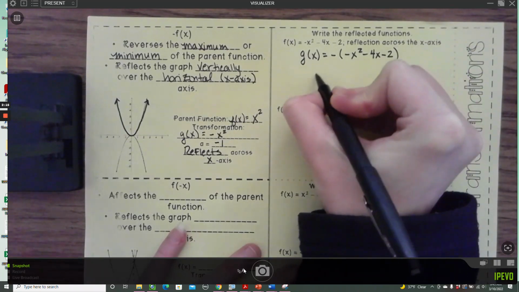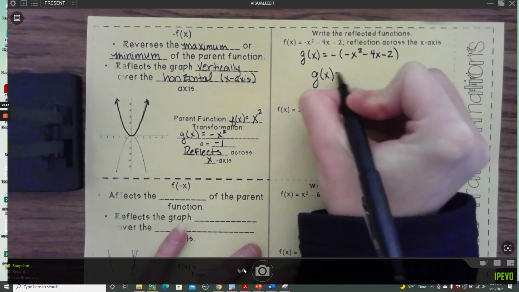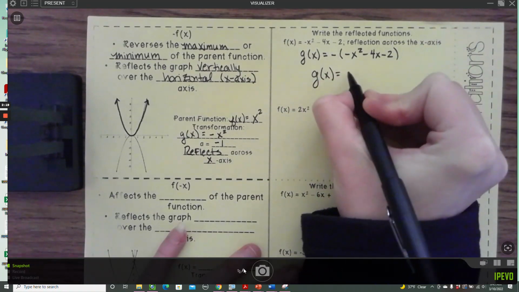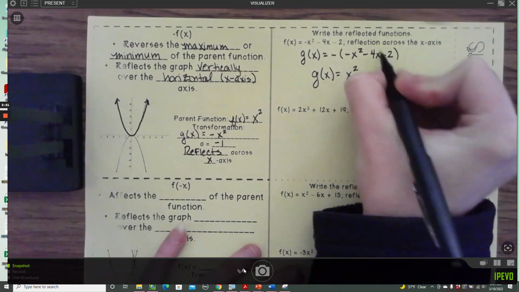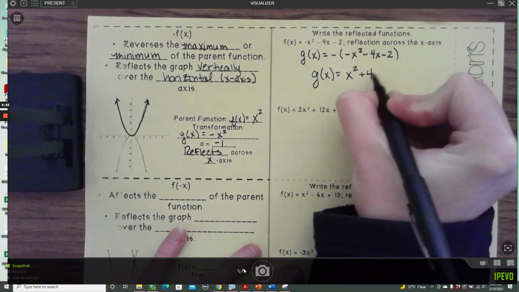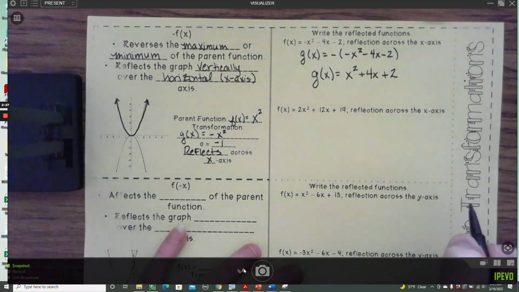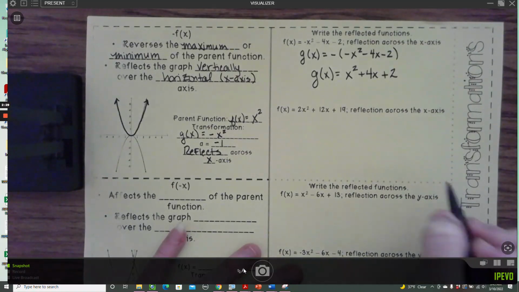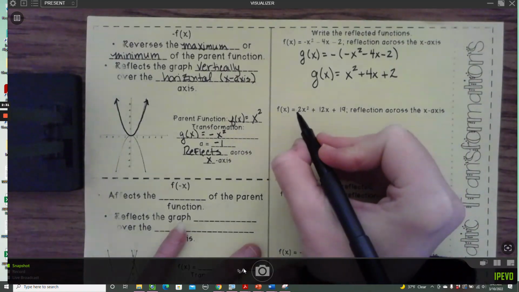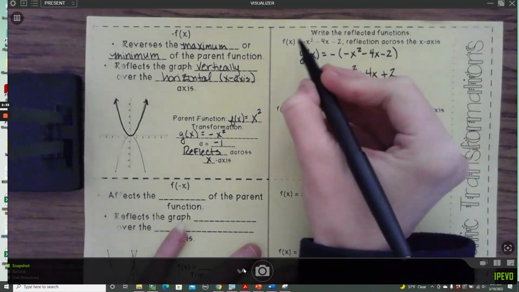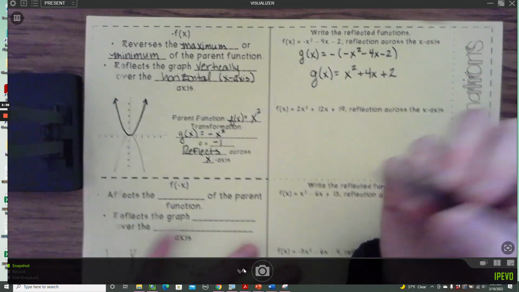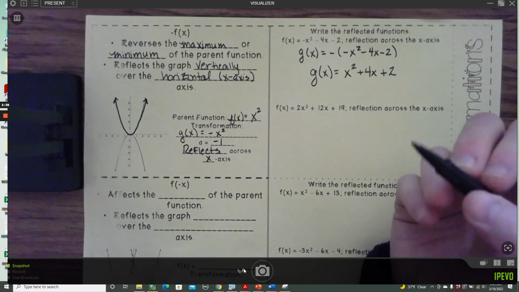So all that does is it just changes my signs. So negative x squared becomes positive x squared, negative 4x is positive 4x, and negative 2 becomes a positive 2. And that's the same no matter how we do it. And we can do it with it already in standard form. So that's the nice thing about it as well.